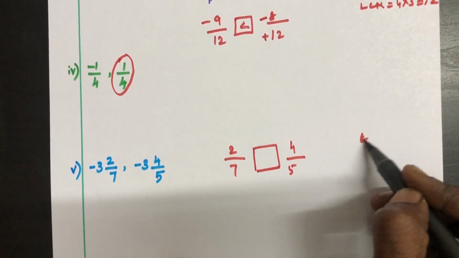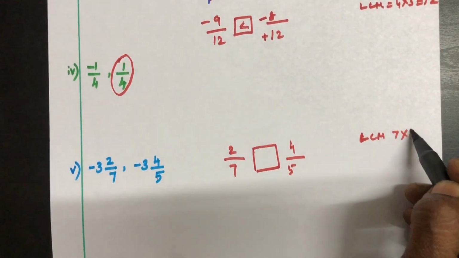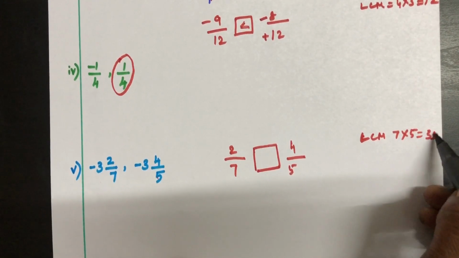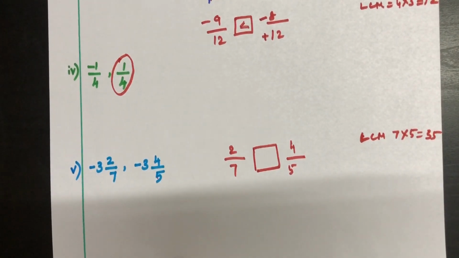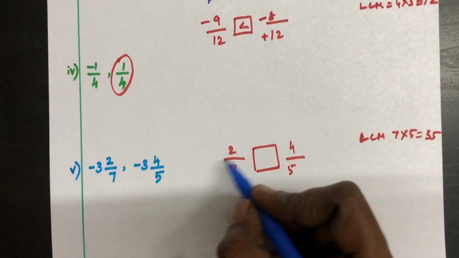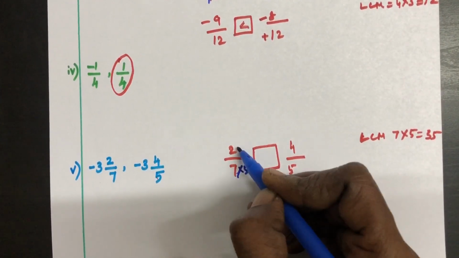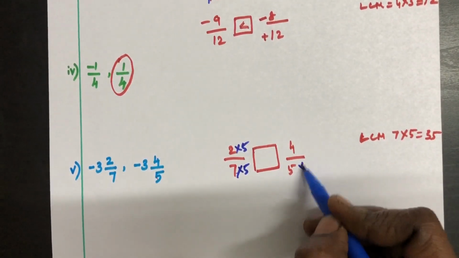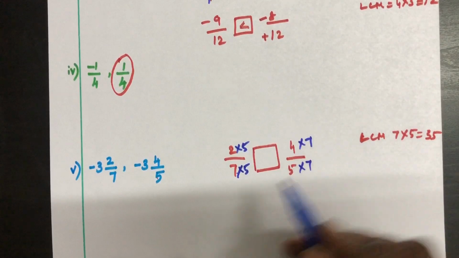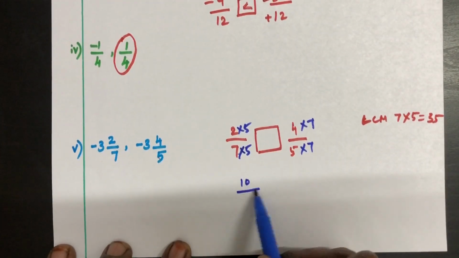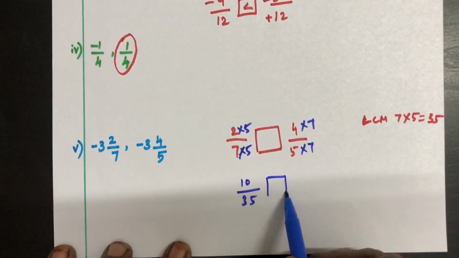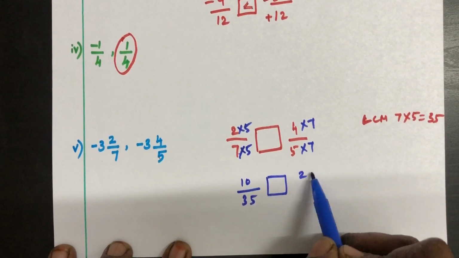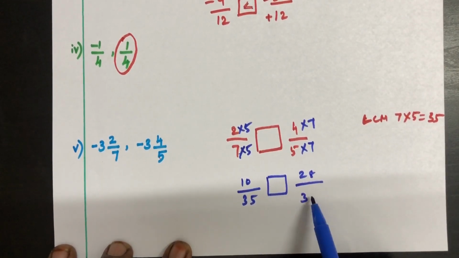The LCM here is 7 into 5, which is equal to 35. So we are going to make our denominator 35. For that, multiply by 5 and by 7. So this is 10 divided by 35 compared with 28 divided by 35.